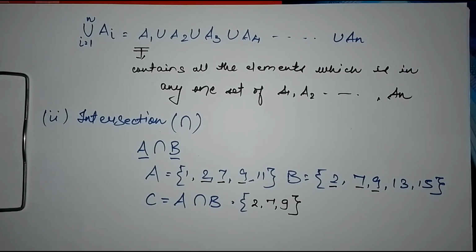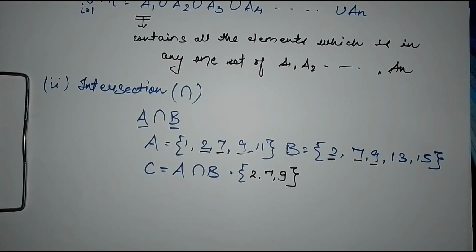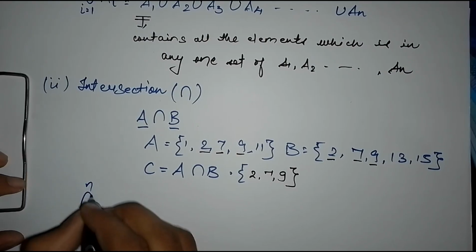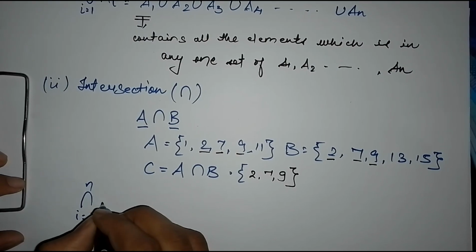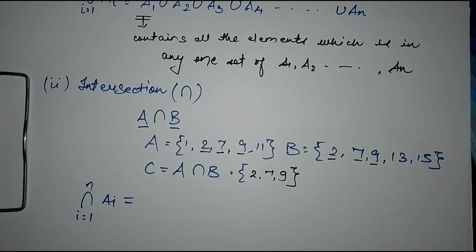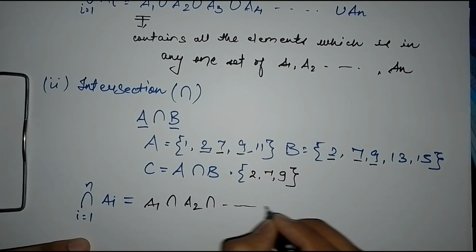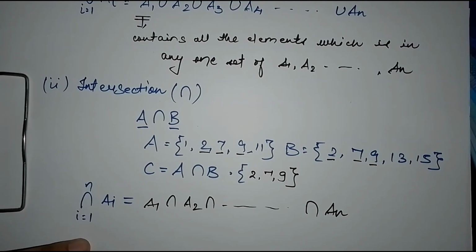In a similar way to what we saw for union, if you are asked to find the intersection of more than two sets, what would you do? I would do similar things to what I did in the case of union. Firstly, I would write all the sets till An, and now what would be the final set which is the intersection of all these sets?